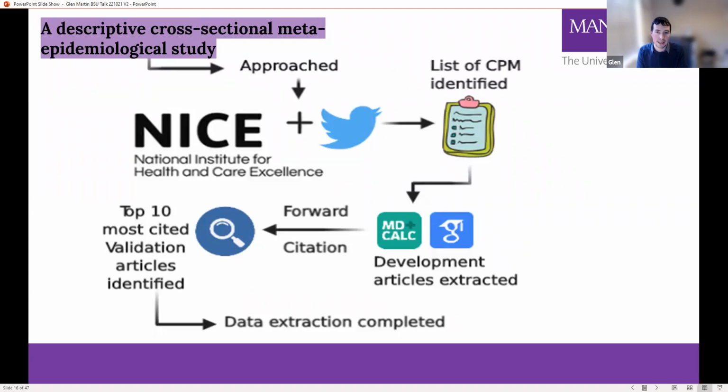From that list of identified CPMs, Antonia then found the original development paper of each prediction model, and also a few validation papers. From each of those papers, she extracted a number of things, but of particular interest was the approach of handling missing data, the imputation strategy, across the development, validation, and implementation.